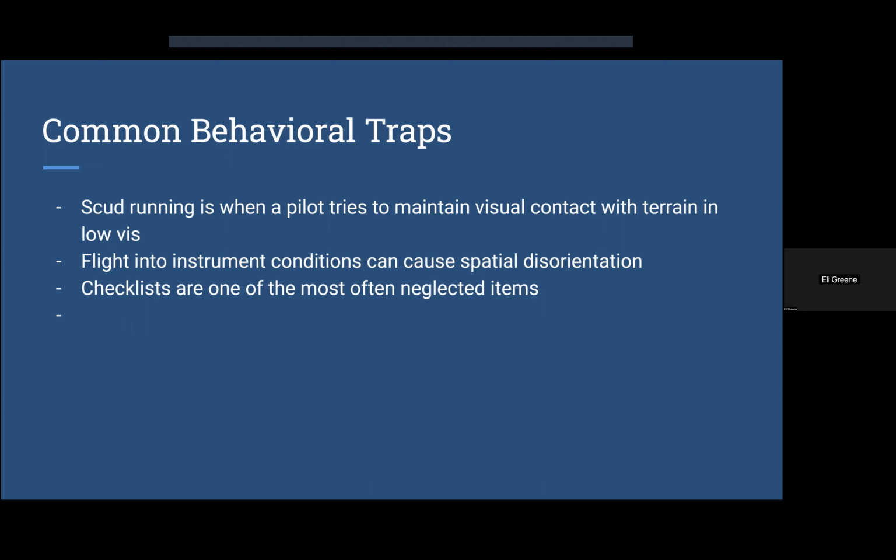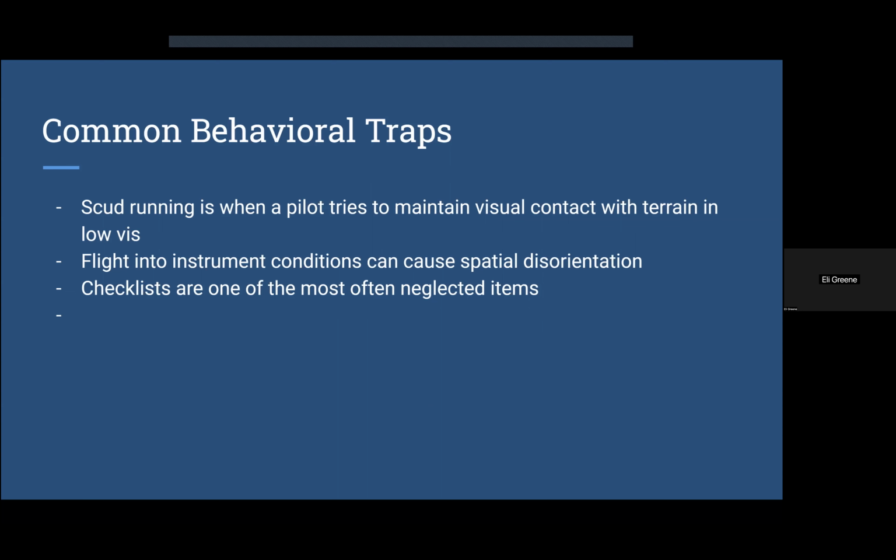So in the event that you do fly into instrument conditions, you want to trust your instruments pretty much 100% and just assume that they're correct, because your physical senses become extremely disoriented.